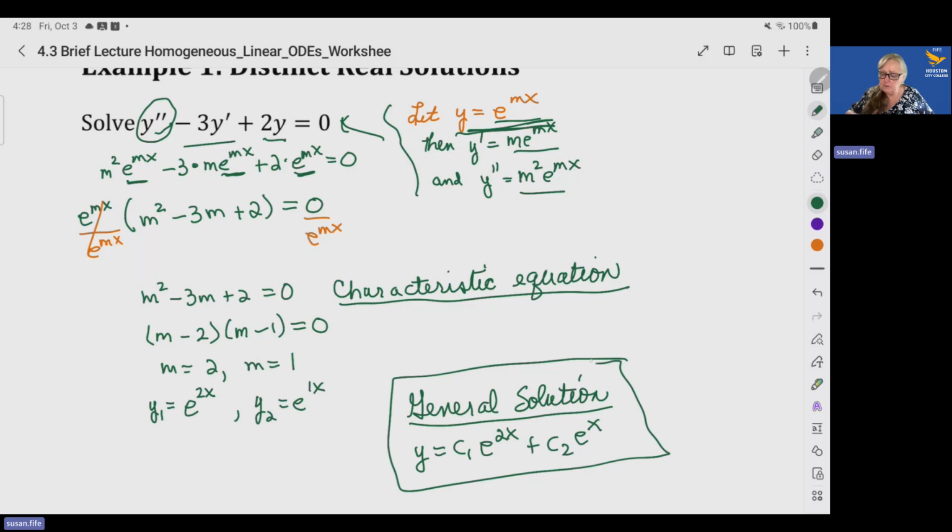So y equals c1 e to the 2x plus c2 e to the x. When you have two distinct solutions for m, that's going to give you two linearly independent solutions to the equation.